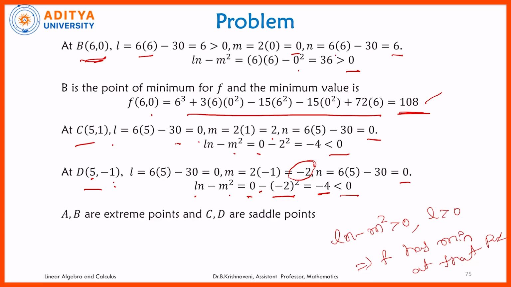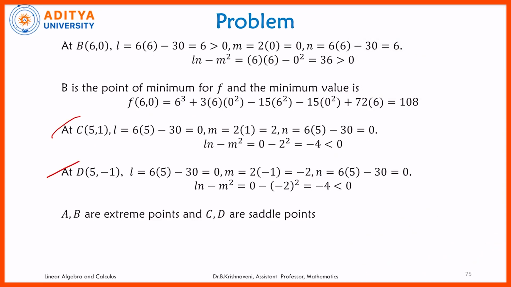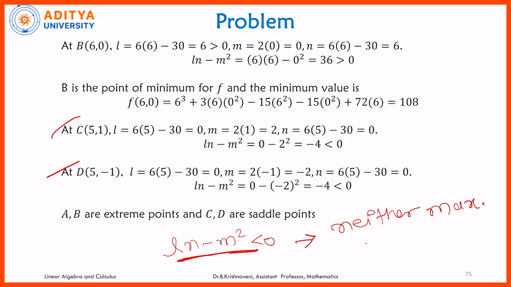So in these two cases, at these 2 points C and D, we are getting the condition LN minus M square less than 0. Whenever we get this, we say that at that point the function has neither a maximum nor a minimum.